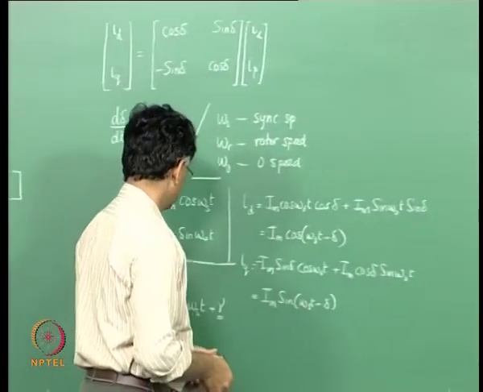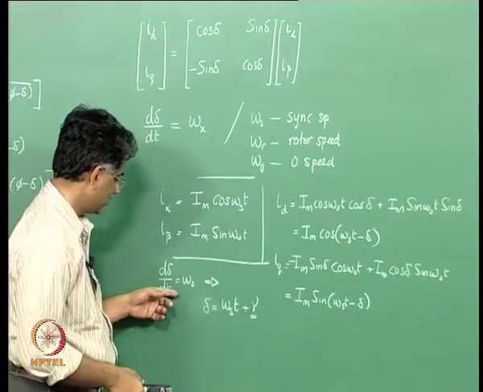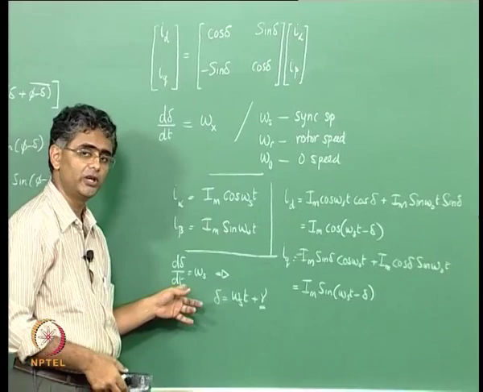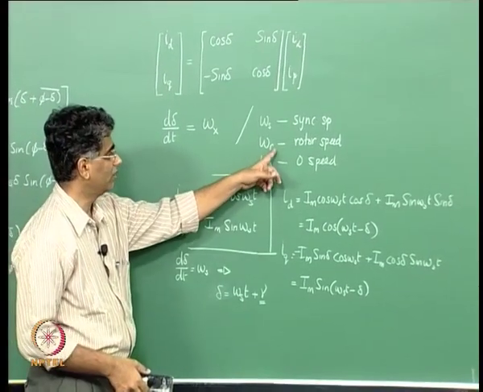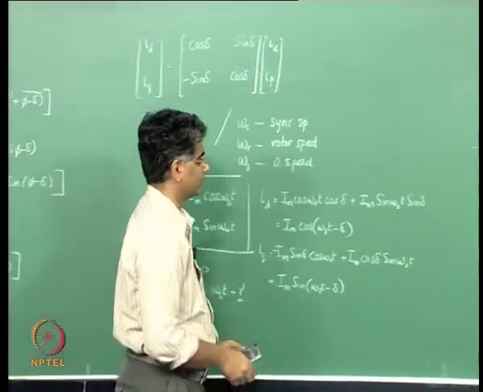On the other hand, suppose I choose d delta by dt, that is the speed of the reference frame, as being equal to omega r, then what happens?